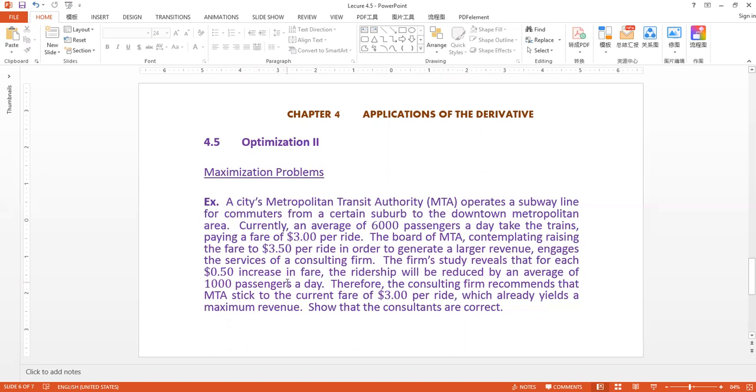So we can calculate the rate of change of passengers with respect to the price.